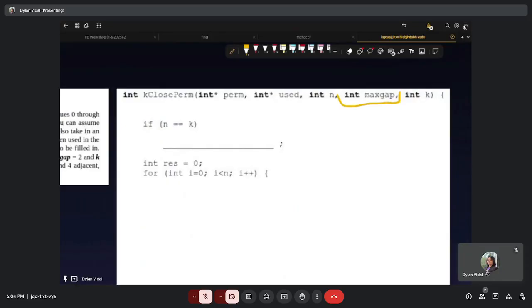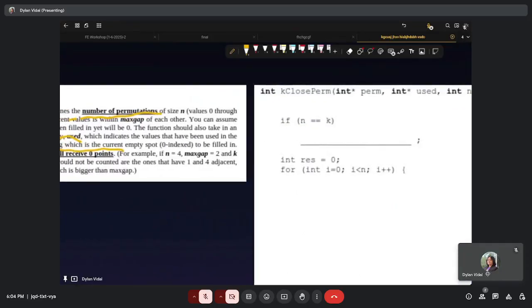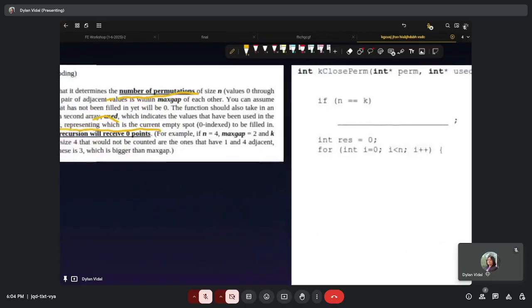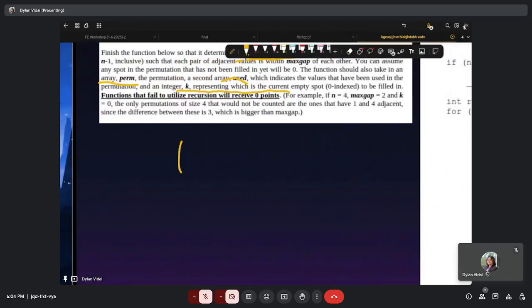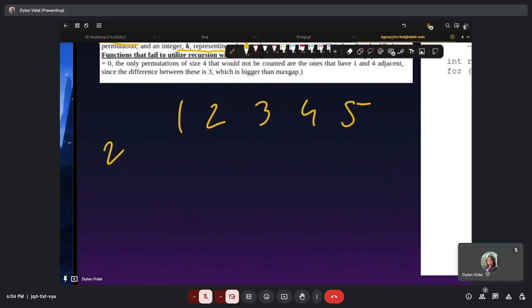What this is saying is we aren't allowed to generate a permutation if each adjacent element isn't within max gap of each other. So let's say we have 1, 2, 3, 4, 5, and max gap is 2. So I fix 1, right? And let's say we're at the part of the iteration where we fix 5. This would not work because this has a gap of 4 and our max gap is 2. You guys get that? All right.